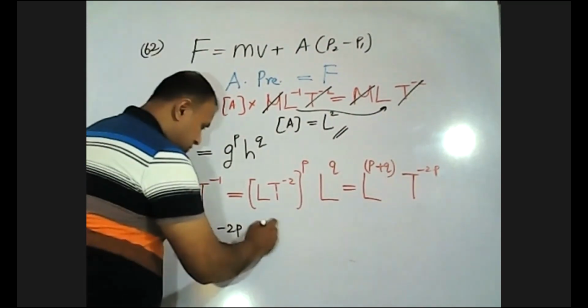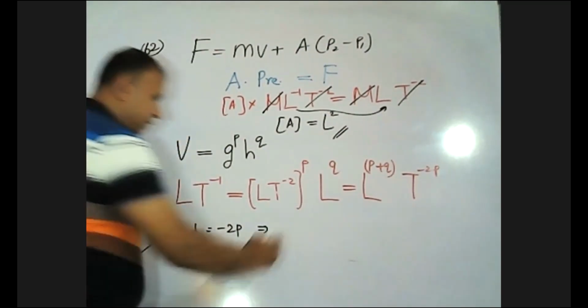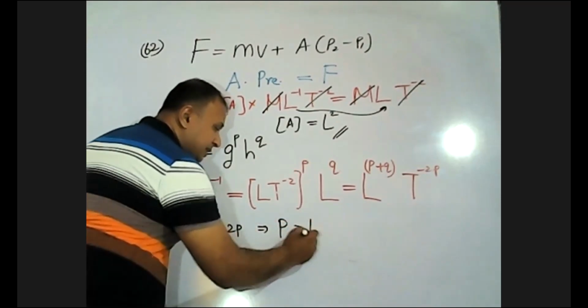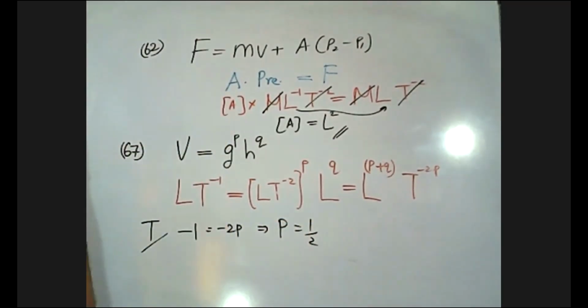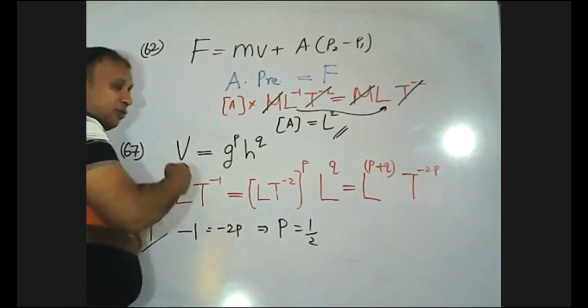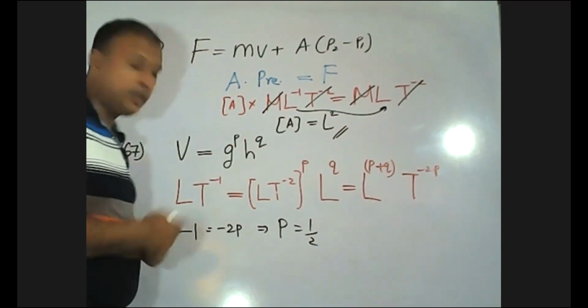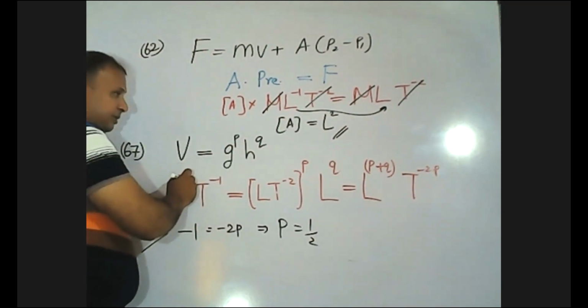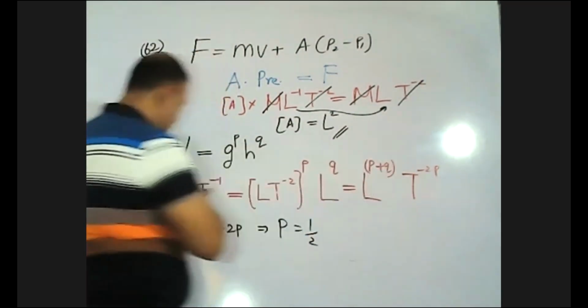So p should be equal to plus half. This calculation can be done in your mind. Then p plus q is equal to 1.